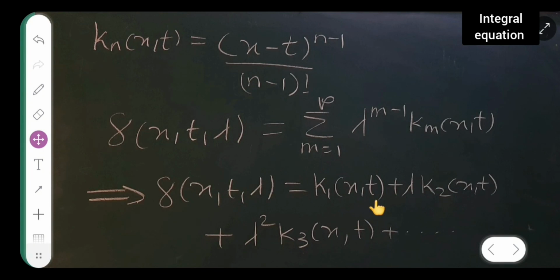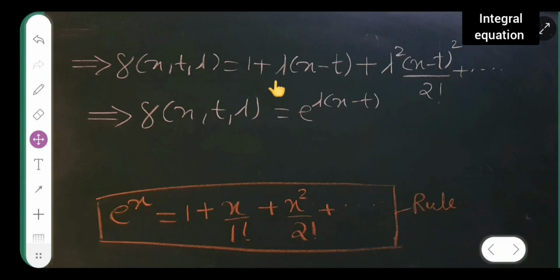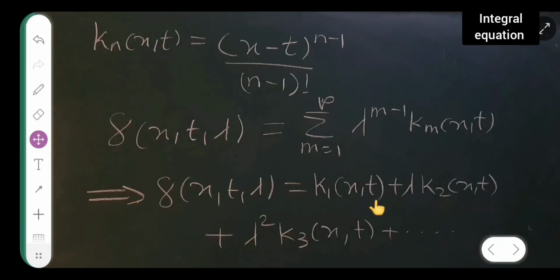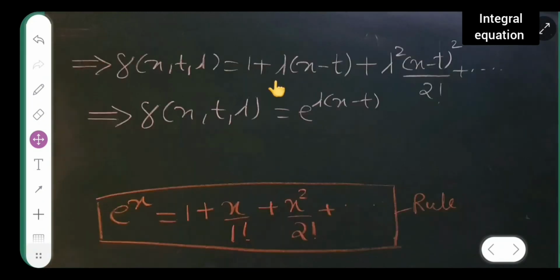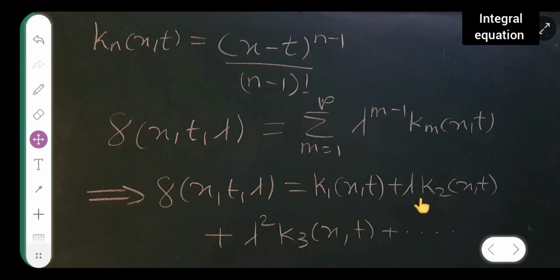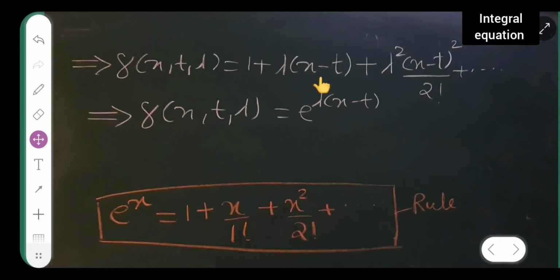So let me put here 1, okay? And then plus lambda as it is, and K2 of x comma t is nothing but x minus t, plus lambda square.